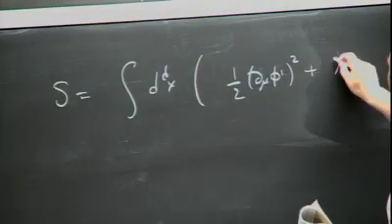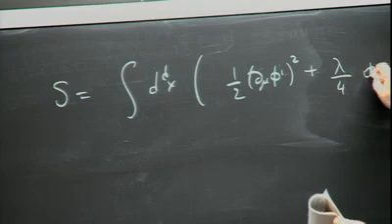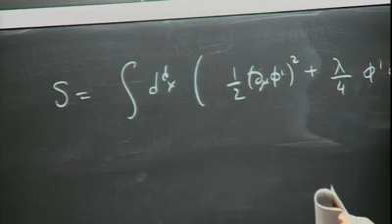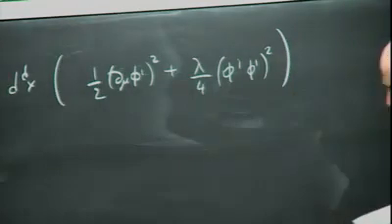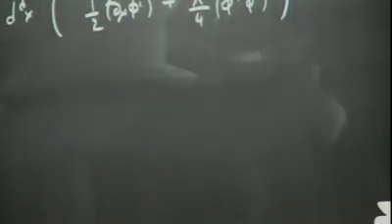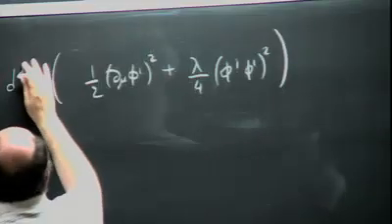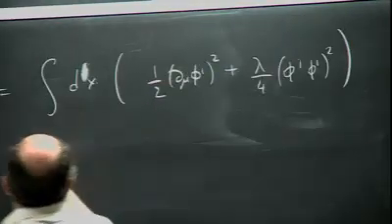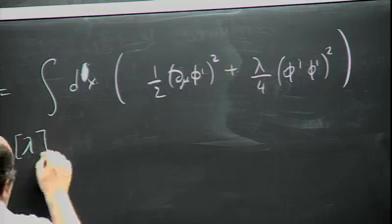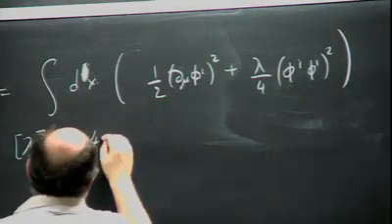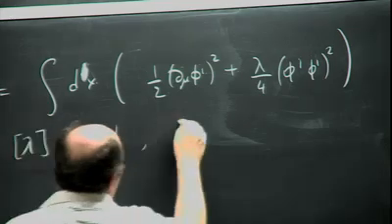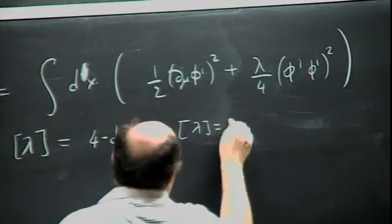We can add a quartic interaction, right? Now the dimension of this coupling constant, as you can check easily, is 4 minus d, right? In particular, in dimension 3, it has dimension 1.